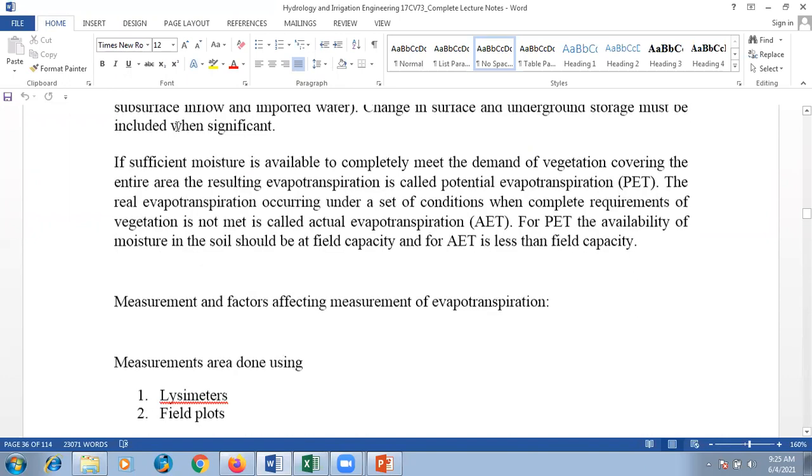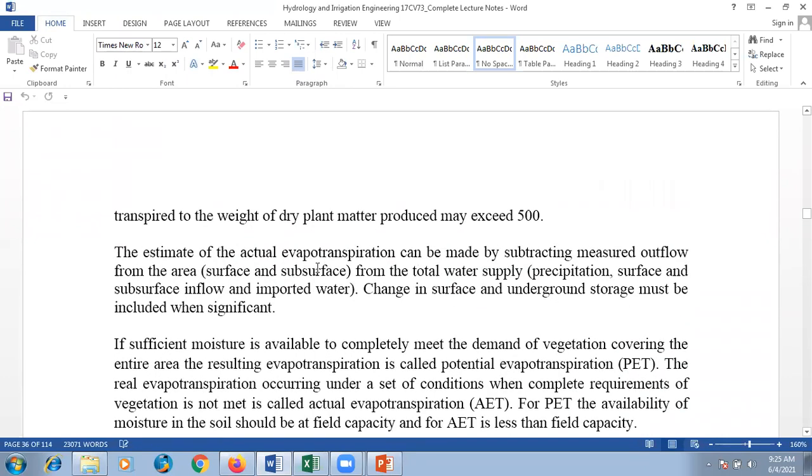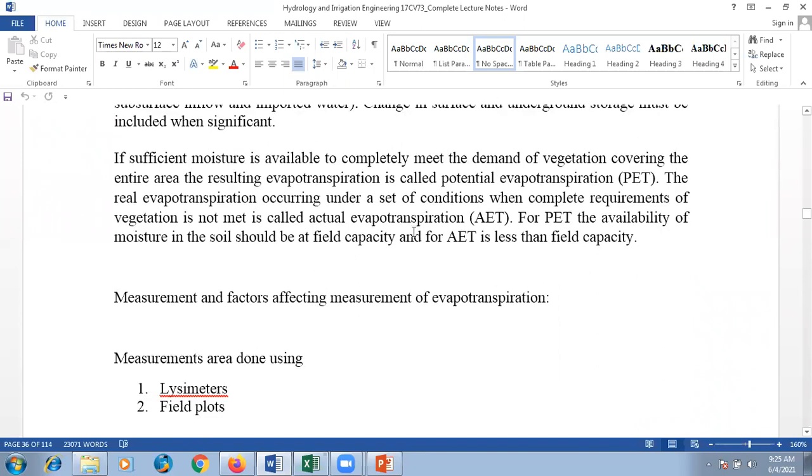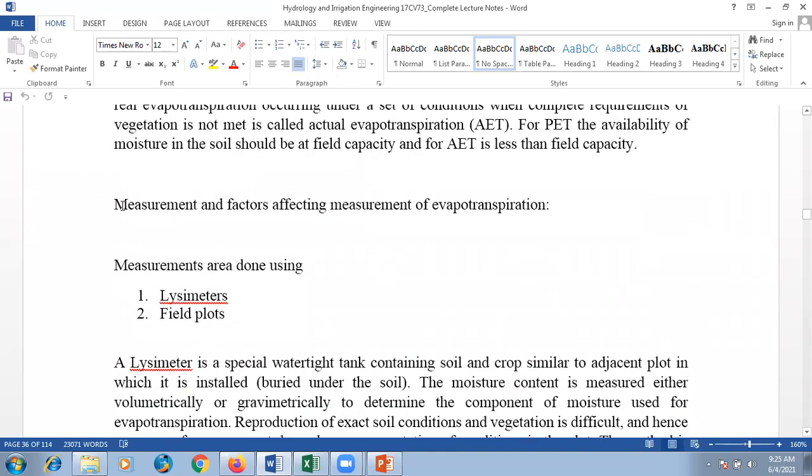So this is something explained in a couple of paragraphs here, which we had discussed even in the last class. Now, how are we going to measure the factors affecting it? See here, measurement of factors affecting, it is not correct here. It is just measurements are done using lysimeter and field plots.